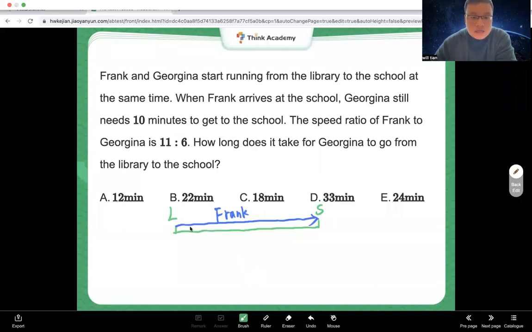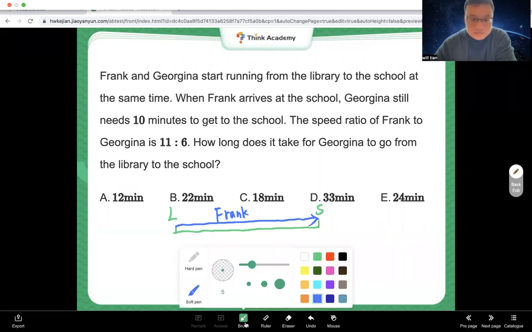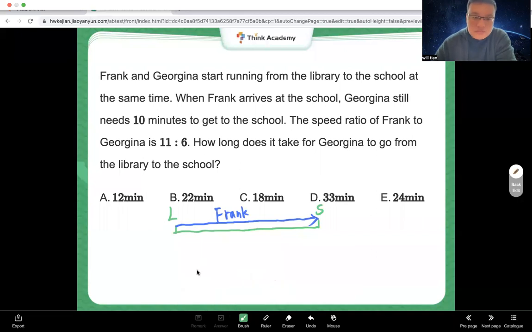That's Frank. We covered all the distance from library to school, right? And you will see that for Georgina. Let's use some red color. This is Georgina at the same time, right? So you still need 10 more minutes to go to school.